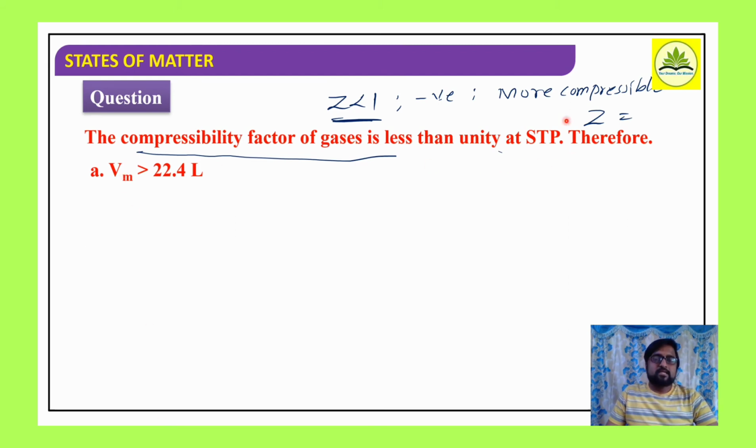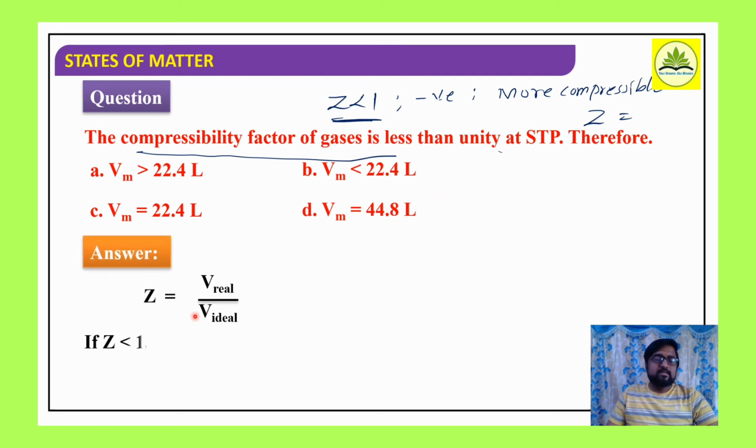At STP, the volume observed is greater than 22.4, less than 22.4, equal to 22.4, or equal to 44.8. What do we know about Z? What is another formula I mentioned? Z is equal to the volume of a real gas to the volume of an ideal gas.